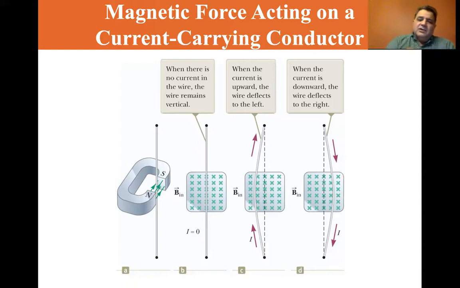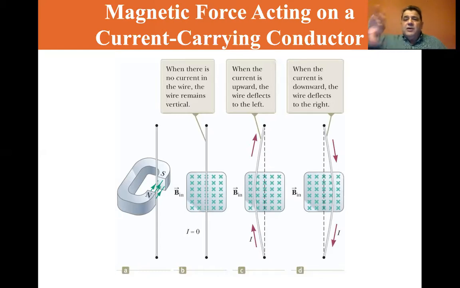Why? Okay, look at the arrows in the computer screen. They're all going into the computer screen. So from my perspective, they're all going this way. The current is going up, so that the current, which we consider positive charges, is deflected to the left.